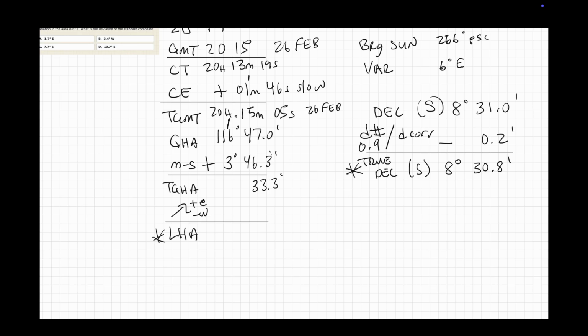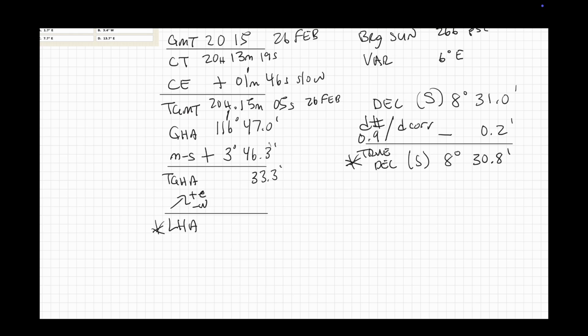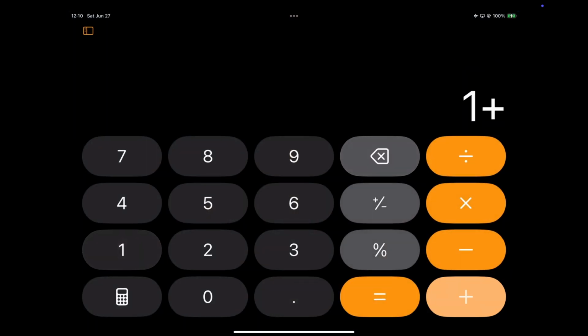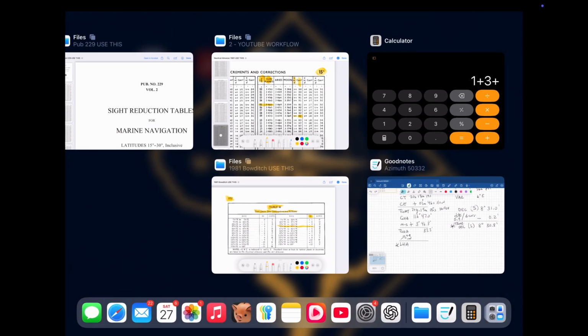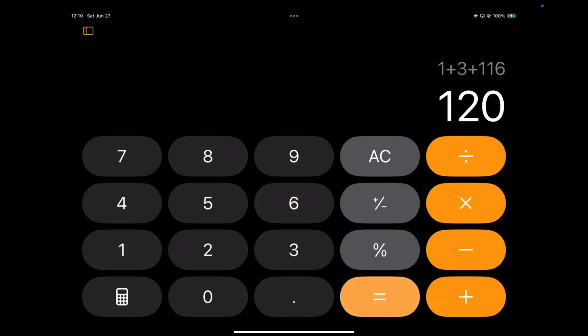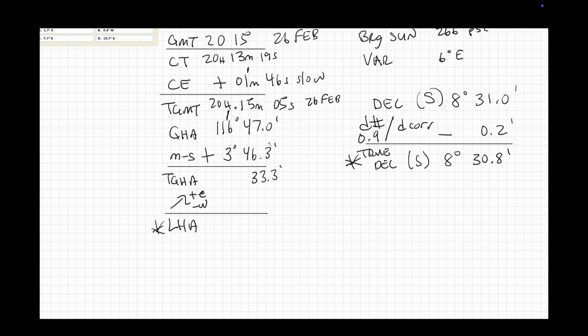So I have 1 degree plus 116 degrees plus 3 degrees. That is 120 degrees. A lot of times people forget this. I did it so many times.